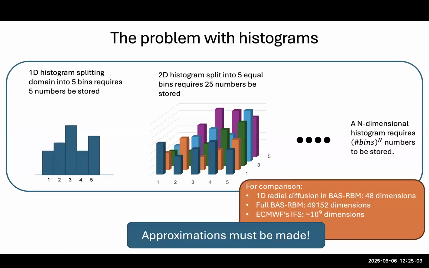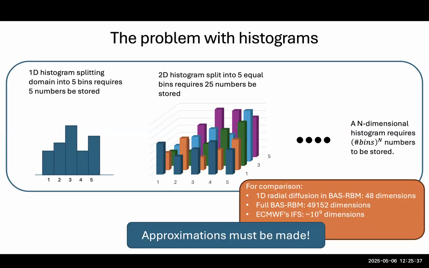For comparison, a 1D radial diffusion in BAS RBM is a 48-dimensional system, so that's the electron flux at every L star, 48. For 5 bins, that's something like, I think, of the order of 10 to the 33 numbers that need to be stored.